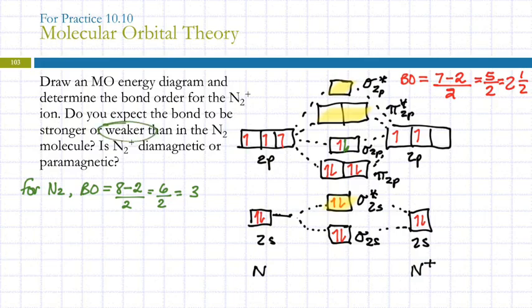Is it diamagnetic or paramagnetic? So let me get rid of the, we're not talking about the nitrogen. I stuck that in there. We're looking at the N2 plus. Are all the electrons paired up?